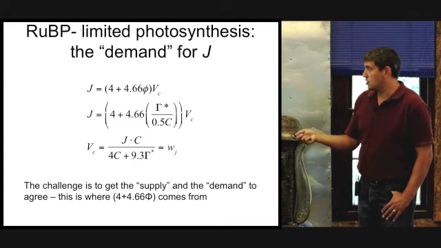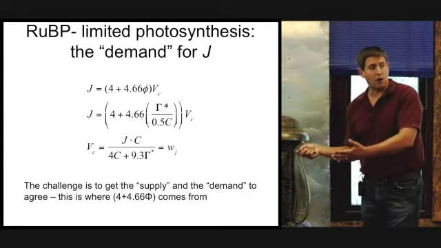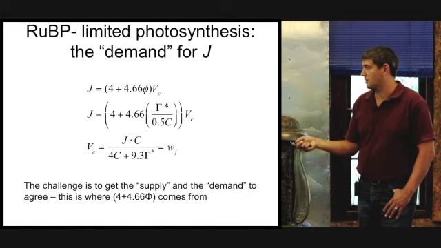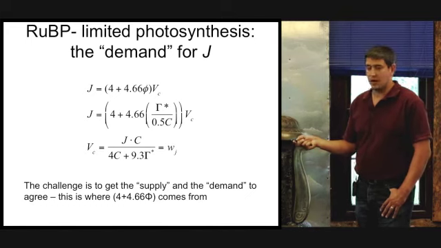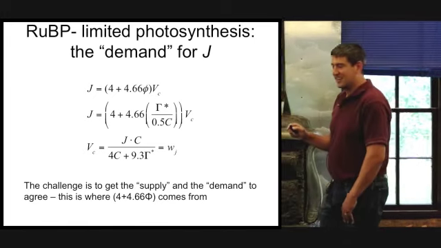We rearrange this whole equation here to get Vc, your rate of carboxylation, your rate of carbon uptake when you're RuBP regeneration limited, is equal to your electron transport rate times your CO2 concentration divided by 4 times your CO2 concentration plus 9.3 times gamma star. Now, you guys are all looking at me with blank stares and I don't blame you. This is hard to explain.